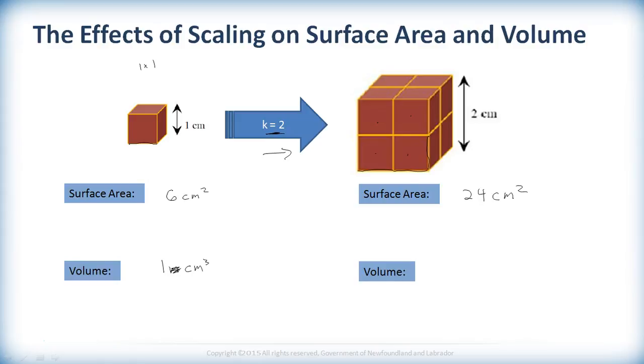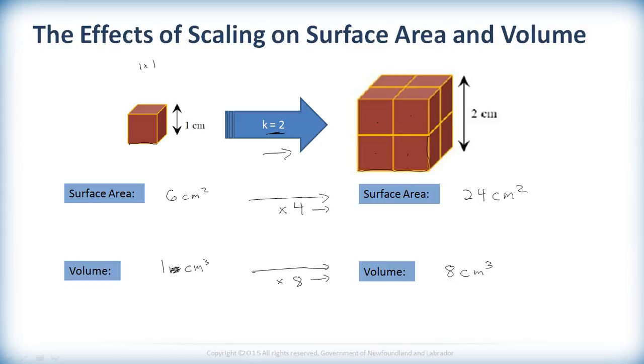Length by width by height here is 2 by 2 by 2, which is 8 cubic centimeters. So notice with a scale factor of k equals 2, our surface area got multiplied by 4, 6 times 4 gave us 24, and our volume got multiplied by 8, 1 times 8.